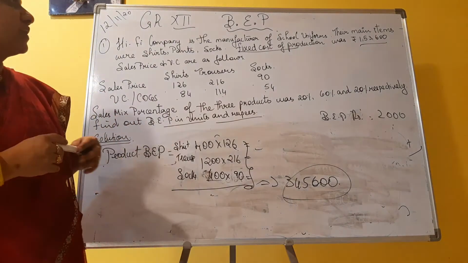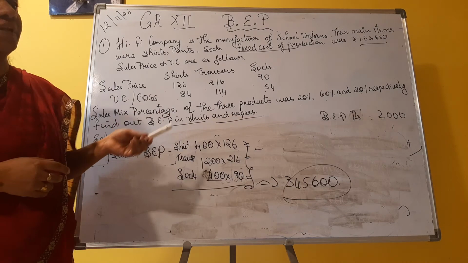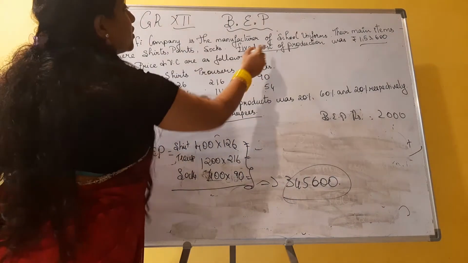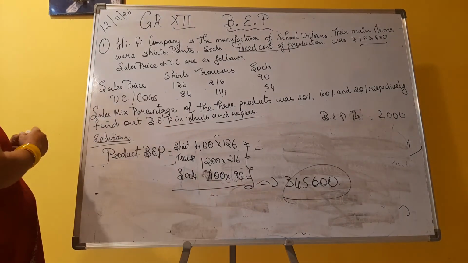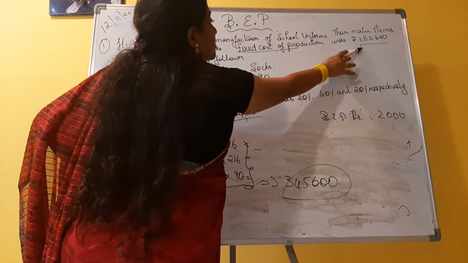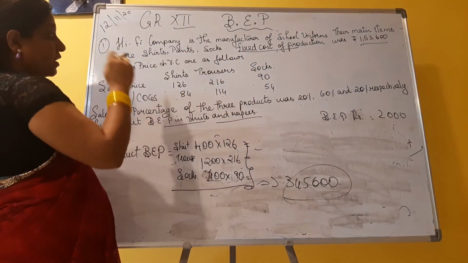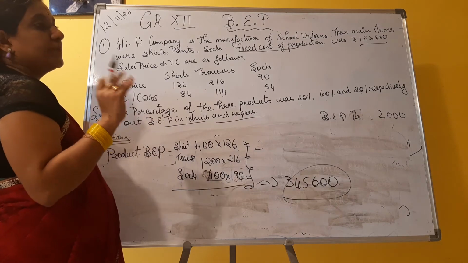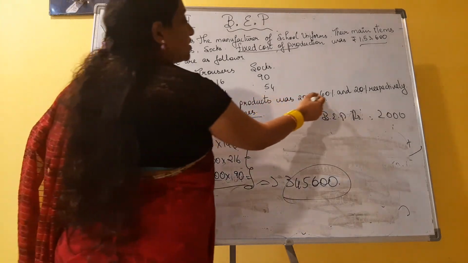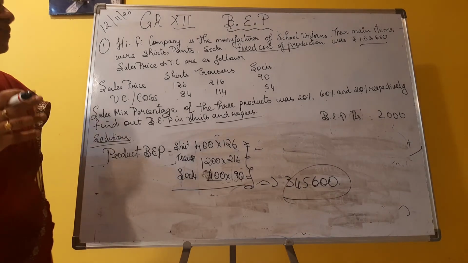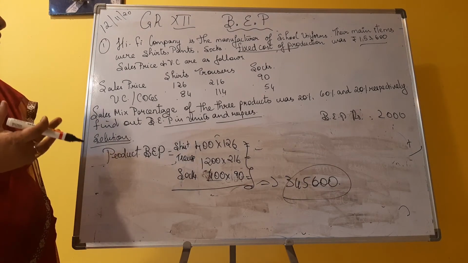So till here you have clarity of how to do the BEP. I will repeat one more time. First in the question they will give you the fixed cost, then they will give you the sales price and variable cost. First you take the fixed cost, and then sales minus variable cost, and you arrive at contribution. Simple contribution is enough, but they have given the percentage of sales, which signifies that much percentage of sales mix is applicable for all three.